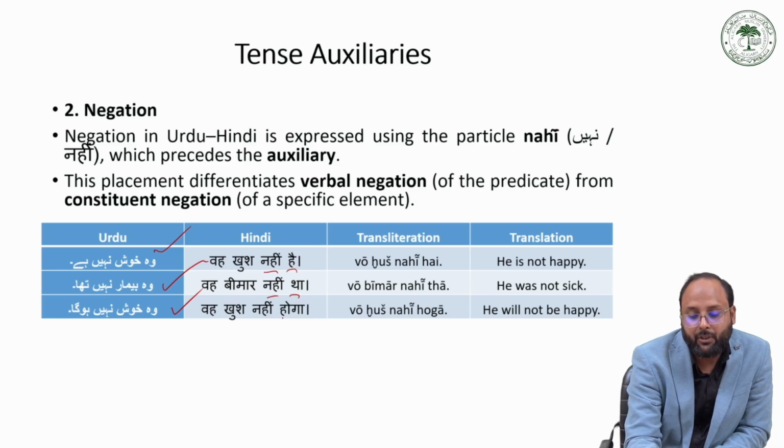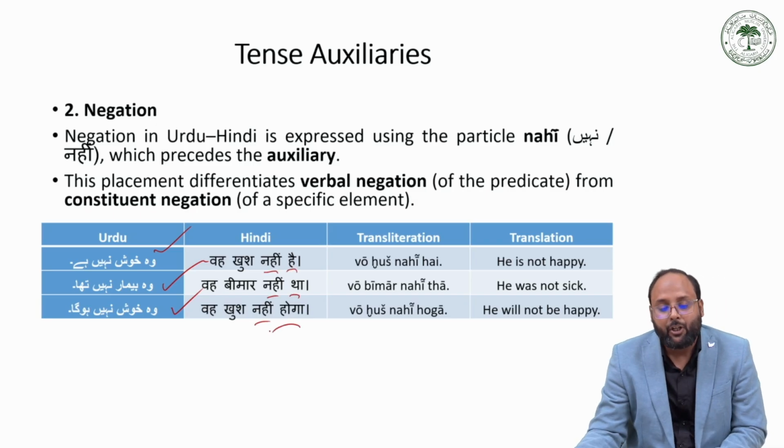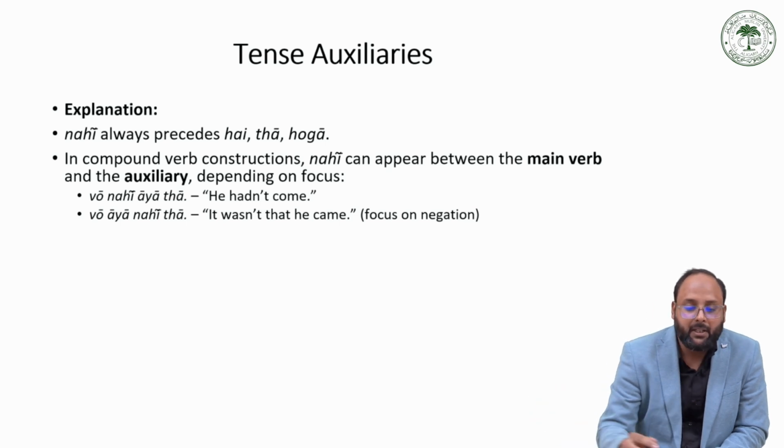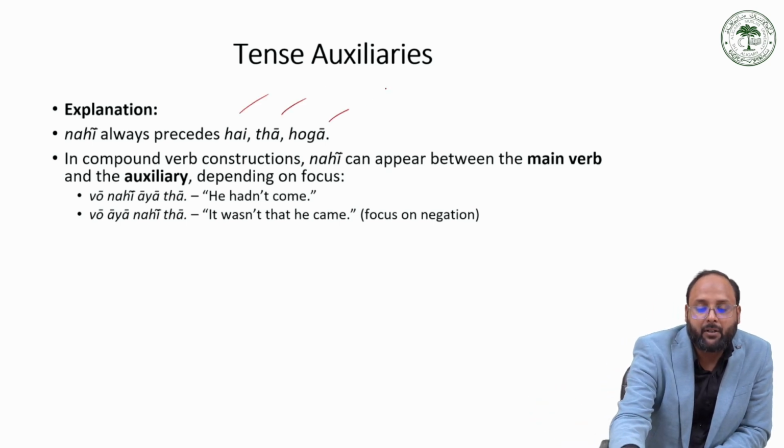This placement differentiates the verbal negation of the predicate from the constituent negation of a specific element. That means it actually negates the auxiliary, which has the main function in the sentence of describing the main state. So nahi always precedes hai, tha, and hoga.